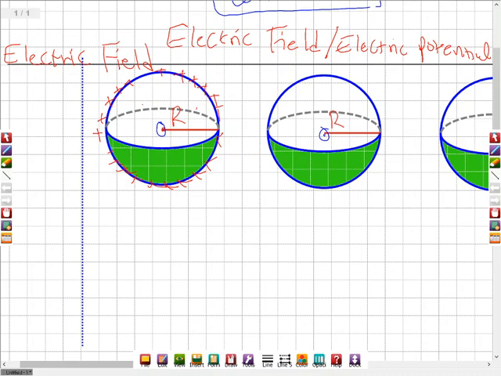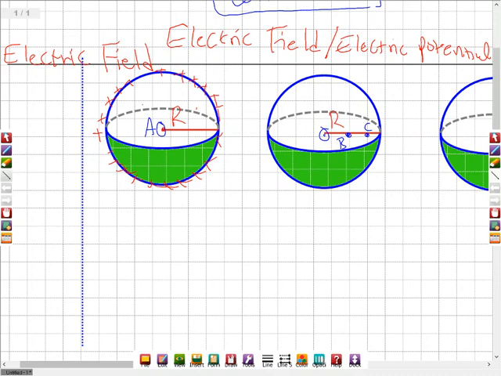Now my objective is to find the electric field at point A, point B, and point C. Point A is here in the center of the sphere, and points B and C are inside the sphere, but not on the surface. Then I have two cases.